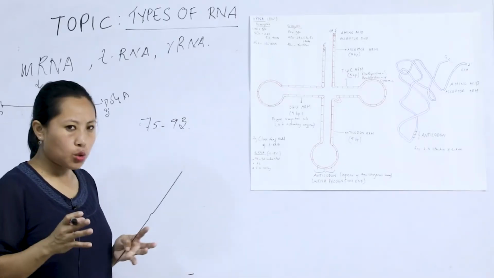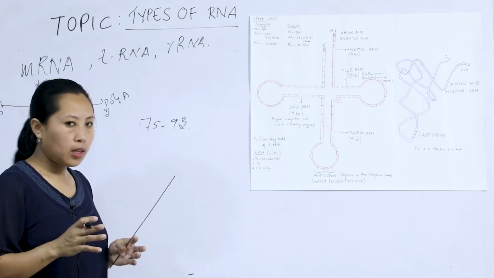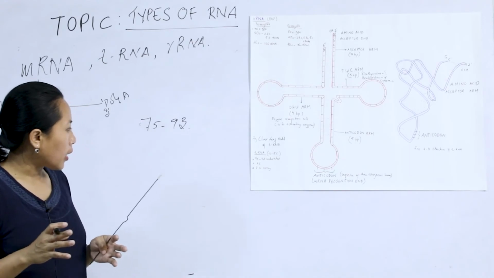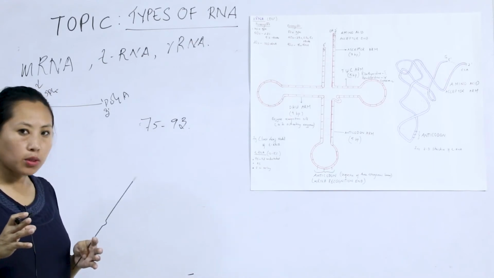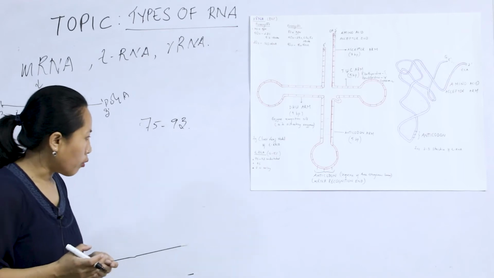This tRNA constitutes about 10 to 15% of the total RNA content of the cell, and its sedimentation coefficient is 4S.